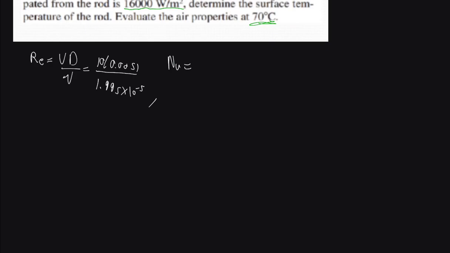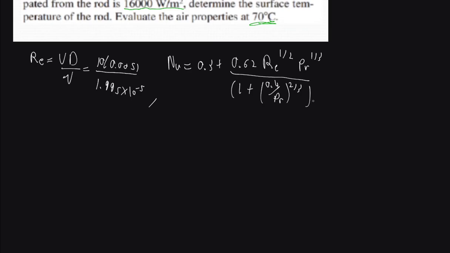The Nusselt number for a cylinder is 0.3 plus 0.62 times the Reynolds number to the 1/2 times the Prandtl number to the 1/3, divided by 1 plus 0.4 divided by the Prandtl number to the 2/3, all of this to the 1/4, and then all of this is multiplied by 1 plus the Reynolds number over 282,000 to the 5/8, and this is to the 4/5.